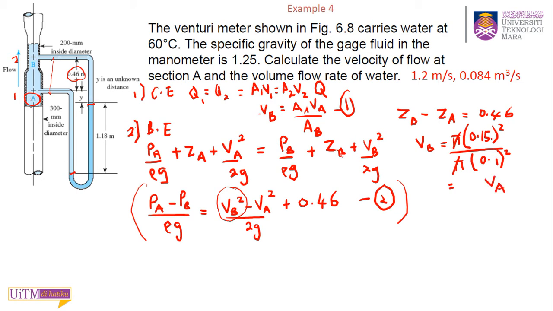Berapa nilai ni? Ni bahagi ni, 0.15 squared over 0.1 squared. Berapa nilai dia? Berapa VB in terms of VA?